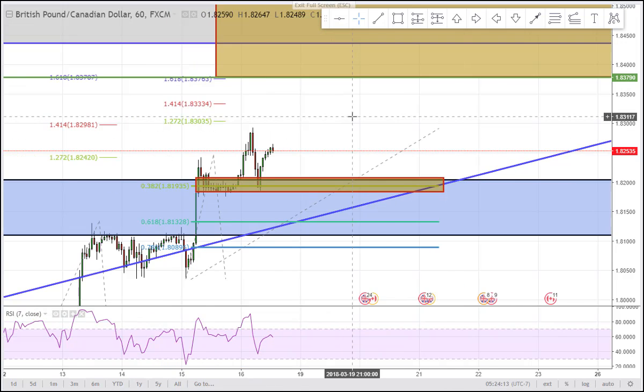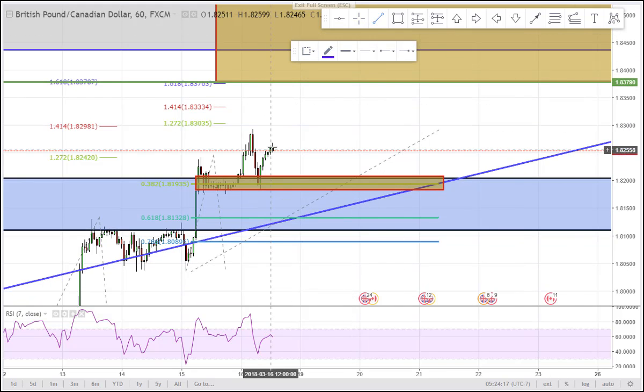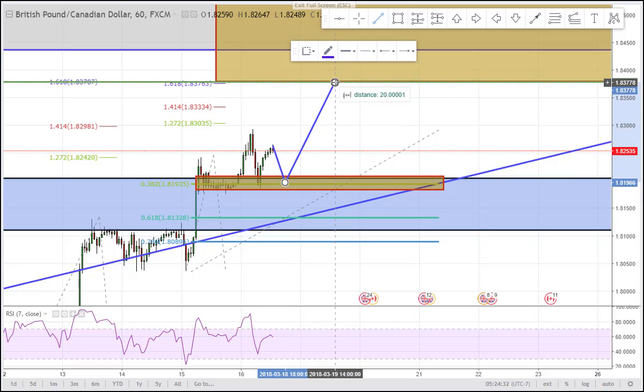So in this case, I'll be looking for price action to at least give me a retracement somewhere back to this area, and we'll be looking for more confirmations. Possibly if we could get a bullish divergence or a double bottom, this could give us more reason for entry, and from there we'll be expecting a continuation from price back up to this level.